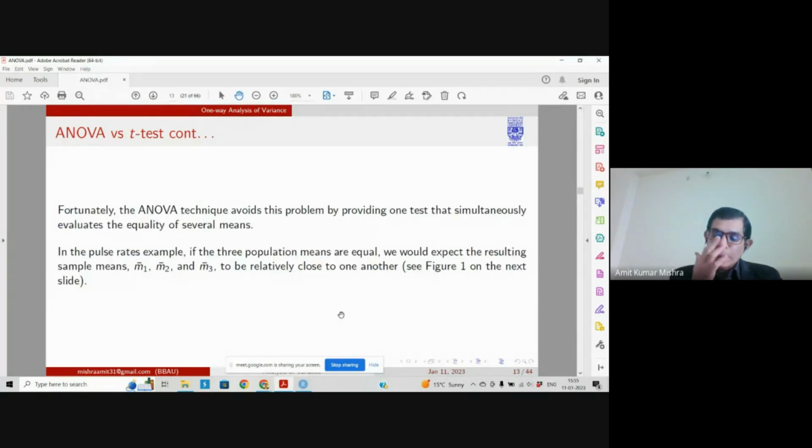So we will go for the analysis of variance, which allows us to compare the equality of all three population means simultaneously. If the three population means are equal, then M1 bar, M2 bar, and M3 bar, the sample means you get from the data, will be close enough.